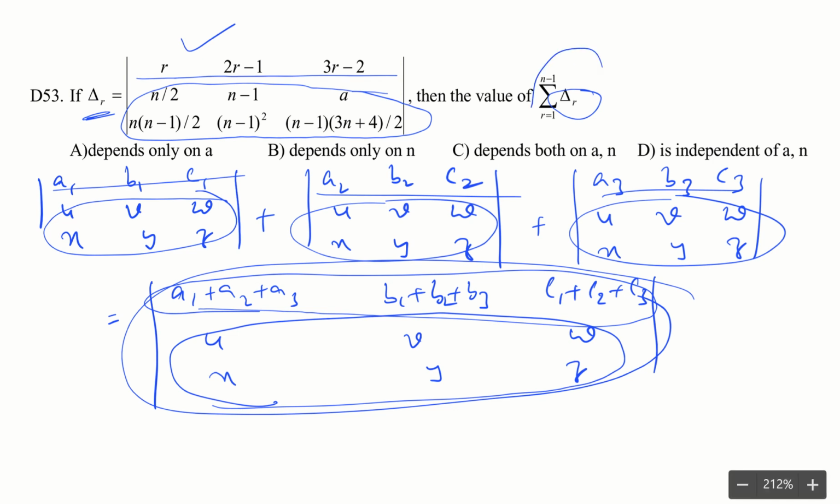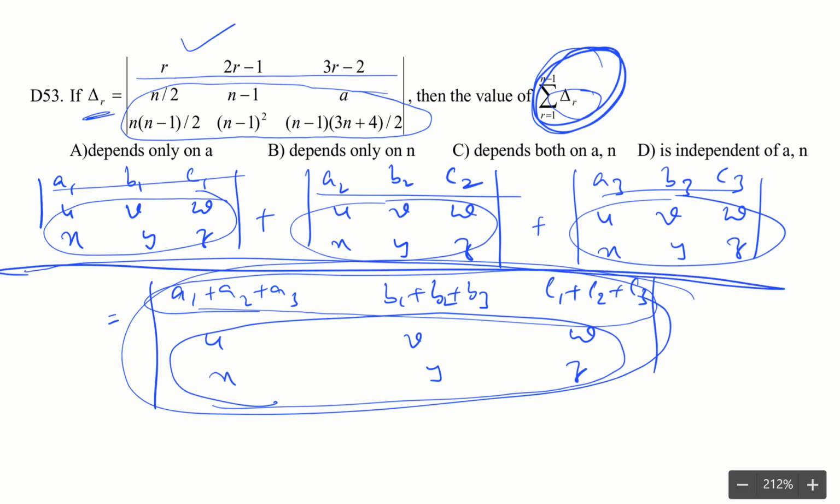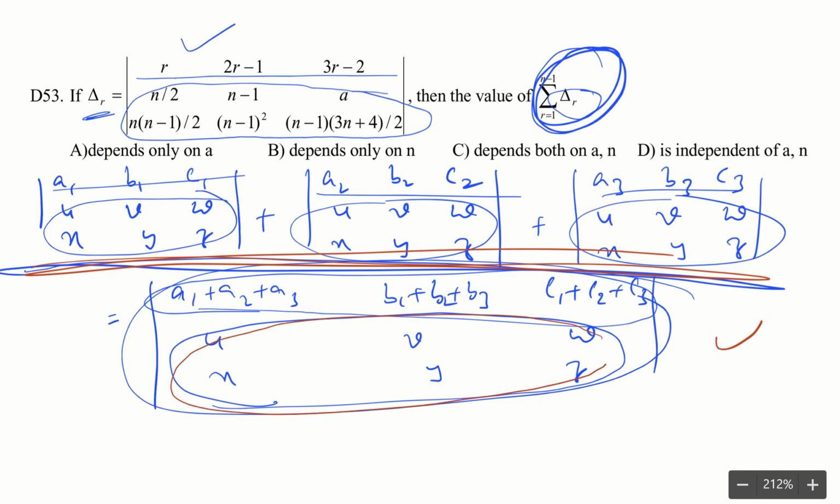So when I add up all these determinants in the sum, you can see here these are the determinants, and this is the sum. In the sum, the fixed rows remain fixed, and only in the row where the elements are varying, the elements get added up.